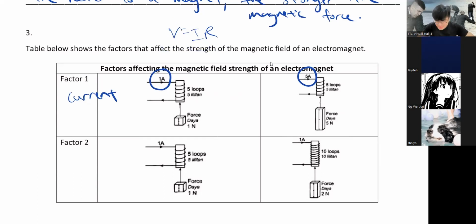Anyone who learned this? What is voltage? What is current? What is resistance? Have you heard of this? If you have not heard of this, then good for you. Because my year 7 student, he said he learned it already. Oh, you learn a bit, okay. That means your teacher pulled it down lah.